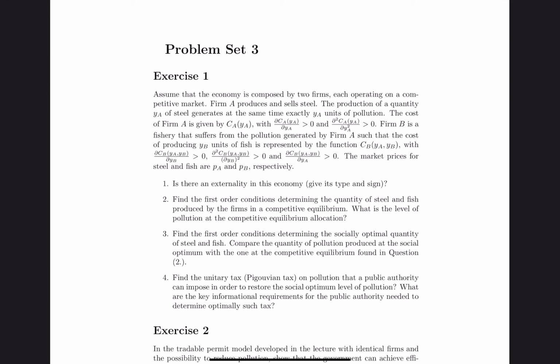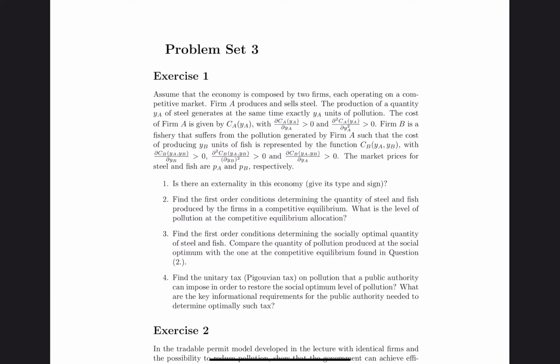The cost of firm A is given by a function CA depending on YA, where the marginal costs are strictly increasing, which is represented here by the derivative. And in addition, the cost function is strictly convex, which is described here with the second derivative also being strictly positive.